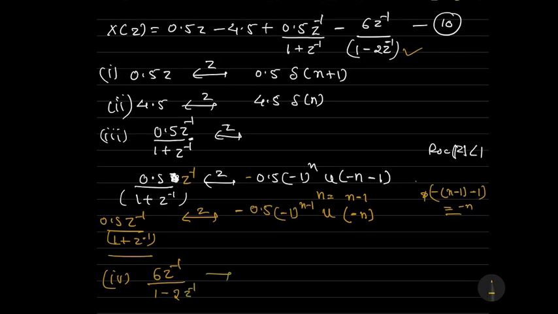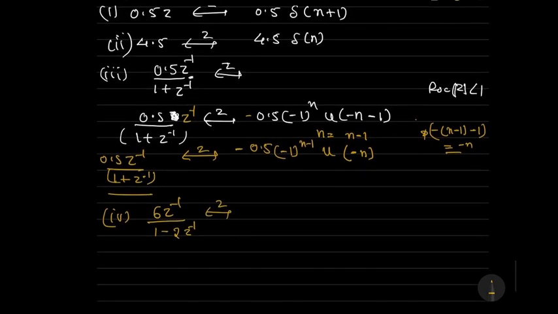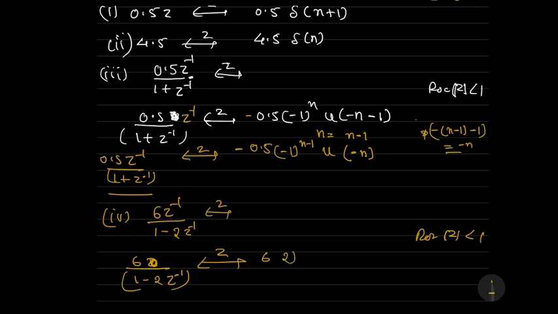Next, fourth term, that is 6 z inverse upon 1 minus 2 z inverse. Okay, we have to find out. Again, first we find without z inverse 1 upon 1 minus 2 z to the power minus 1, as this is a non-positive sequence since ROC is less than 1. So we can write it as minus 2 to the power n u of minus n minus 1.